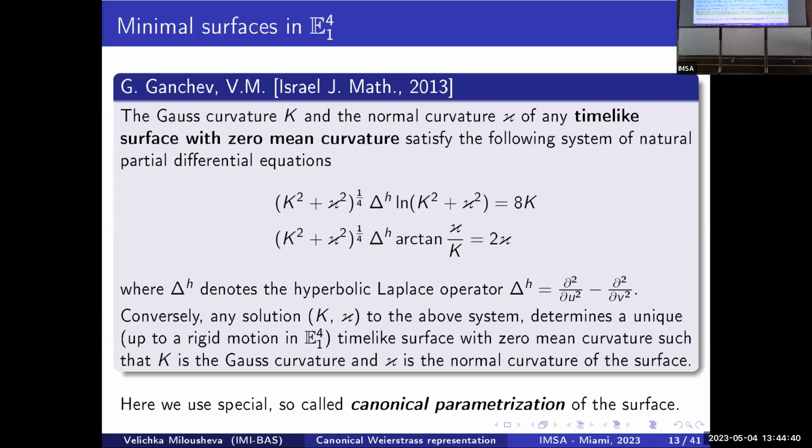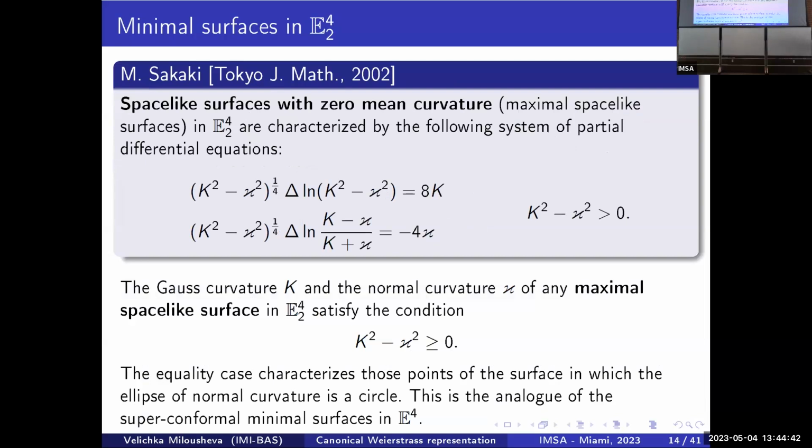And let's go further to the pseudo-Euclidean space with neutral metric, E^4_2. The space-like case: space-like surfaces with zero mean curvature, also called maximal space-like surfaces, are characterized by Sakaki in 2002.